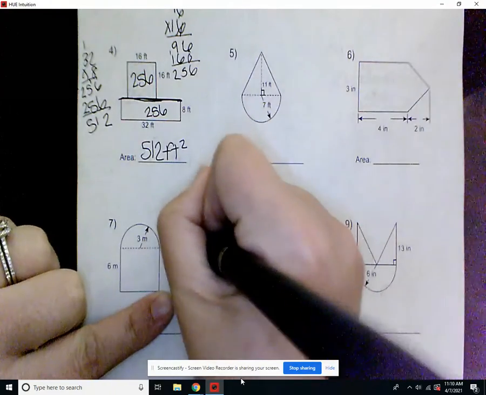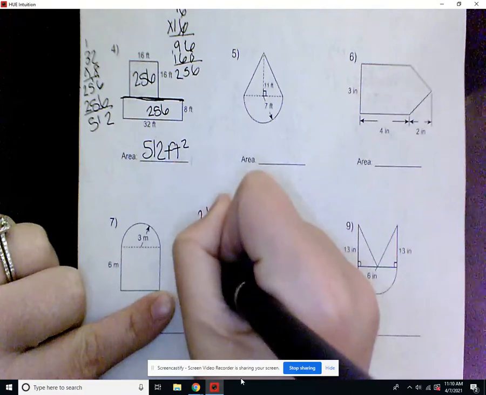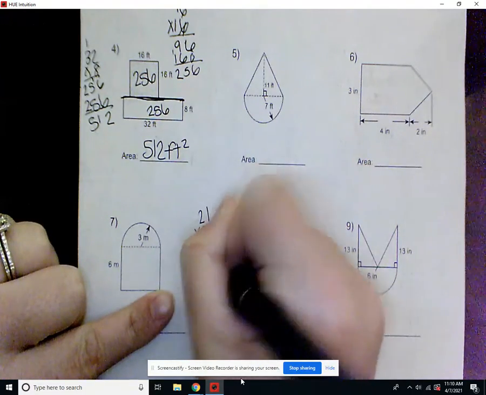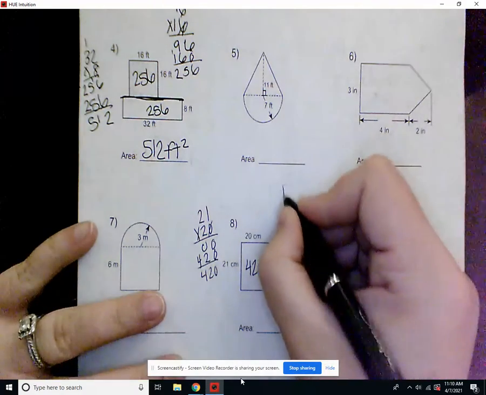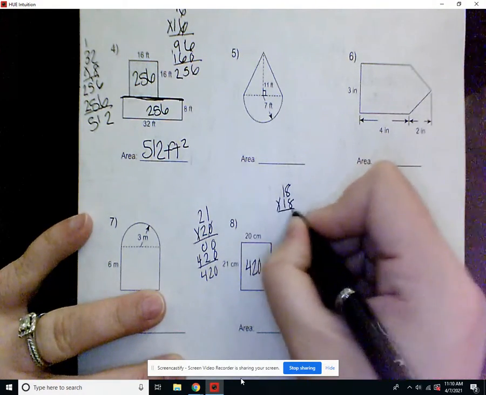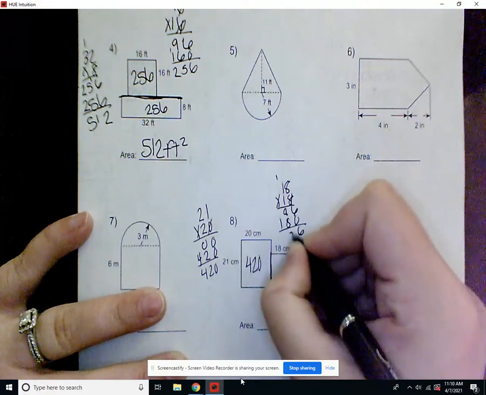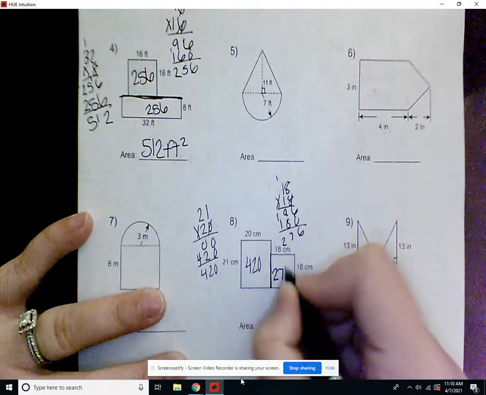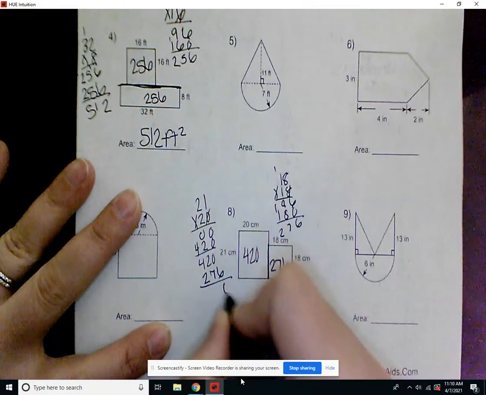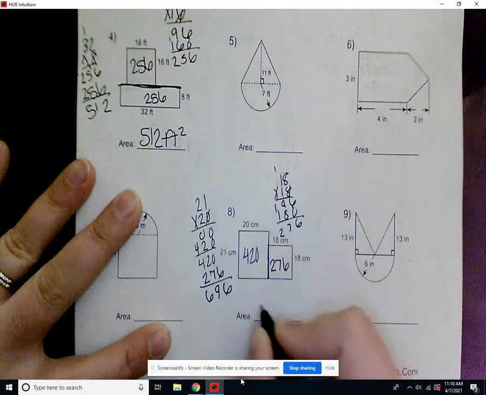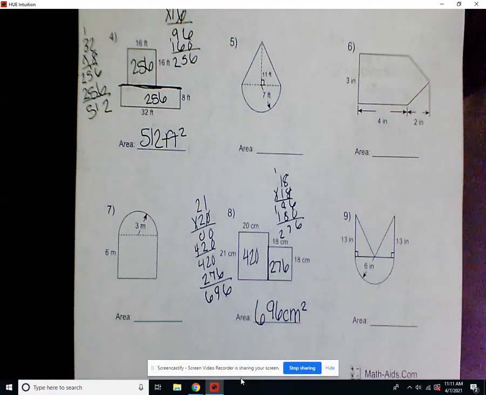So we've got 21 times 20, which is 420. And then we'll do 18 times 18, which is 276. Then we'll add the numbers together to get one total, which is 696 centimeters squared.